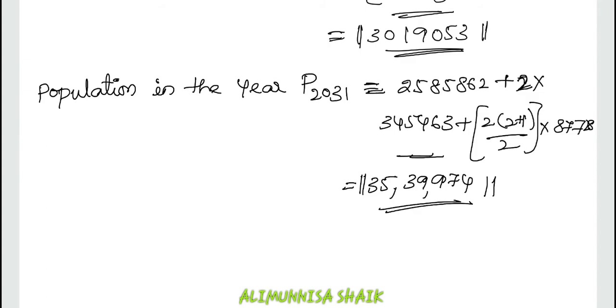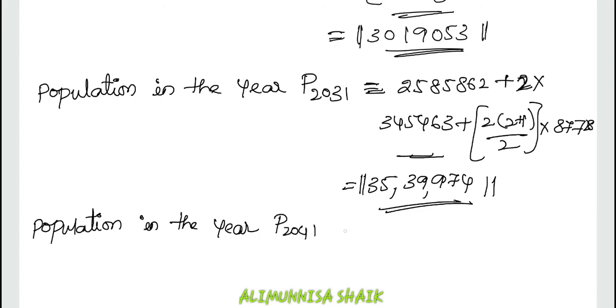And the last population is the population in the year 2041. So, that is equal to the population during the year 2011, which is 2585862, plus we are calculating it for 3 decades.